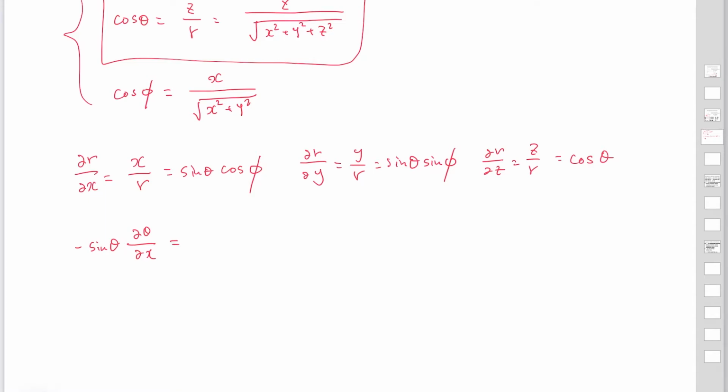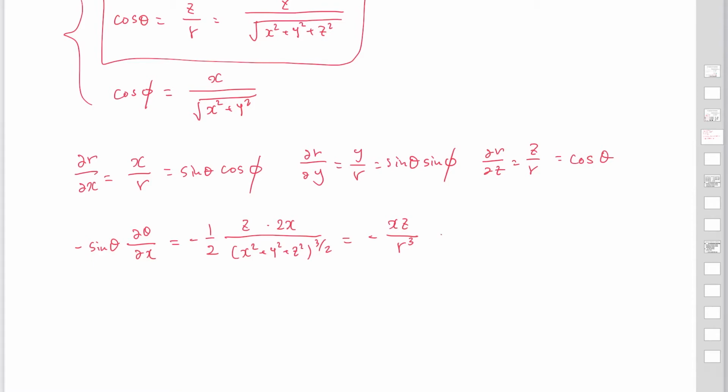And the right hand side becomes minus 1 over 2, z over x squared plus y squared plus z squared to the 3 over 2. By the chain rule, you need the partial derivative with respect to x of x squared plus y squared plus z squared. It becomes 2x. Then it becomes minus xz over r cubed.